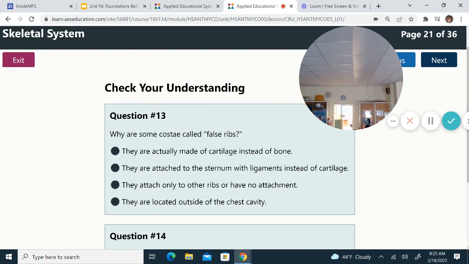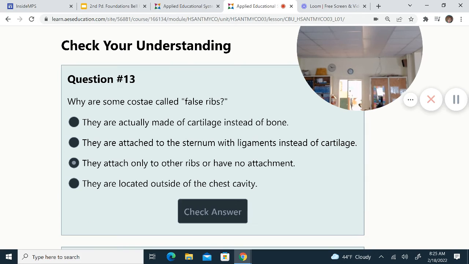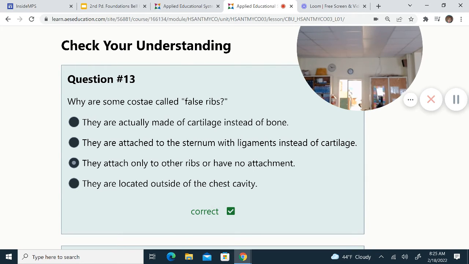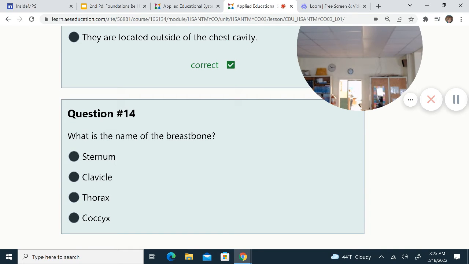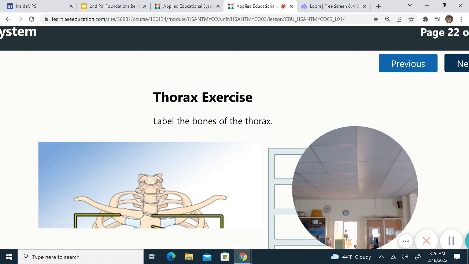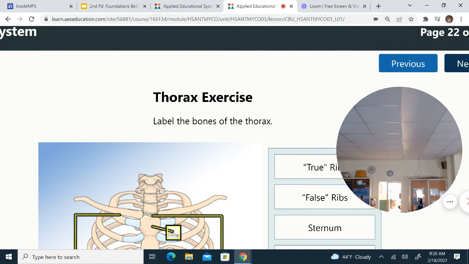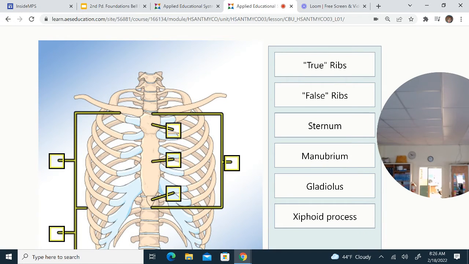All right, so why are some costae called false ribs? That's translation. Right. They're attached to other ribs, or they have no attachment. What's the name of the breastbone? Sternum is your breastbone, right? All right. So what is this whole thing?